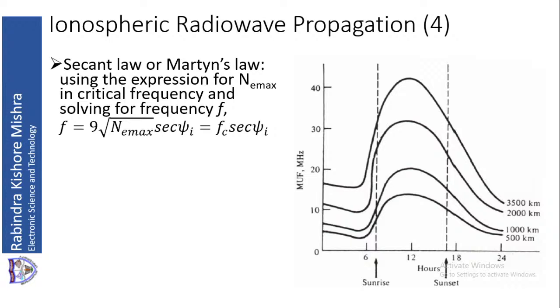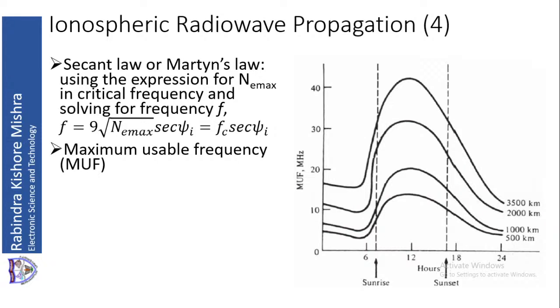In the previous case, when we solved for f, it was root over 81 N_emax divided by cos square psi I. So 81 root over is 9, N_emax root over is root N_emax, and 1 upon cos square psi I root over is sec psi I. So f is equal to this.